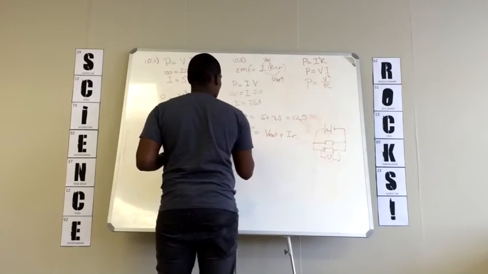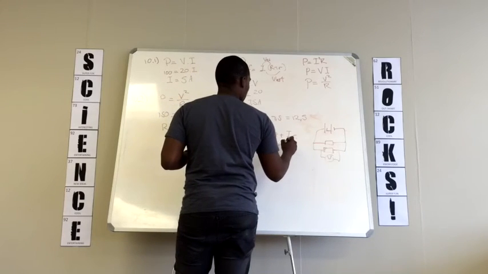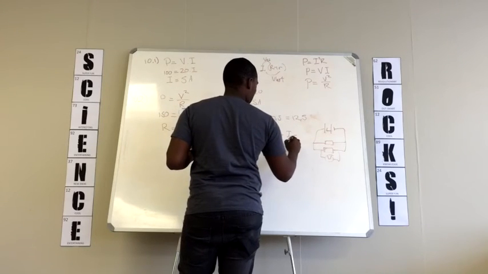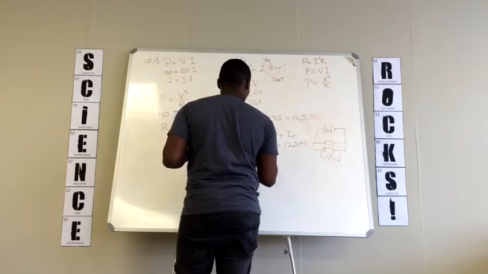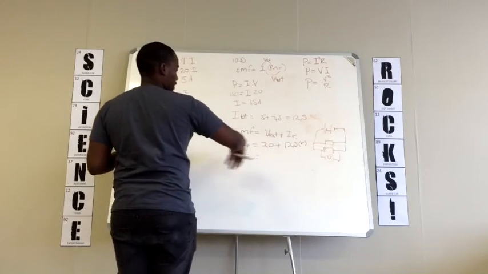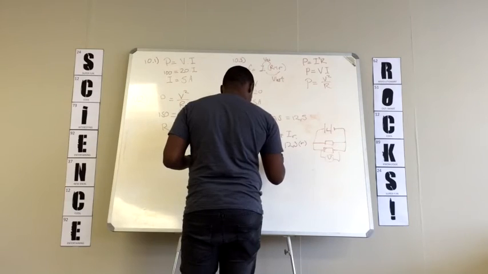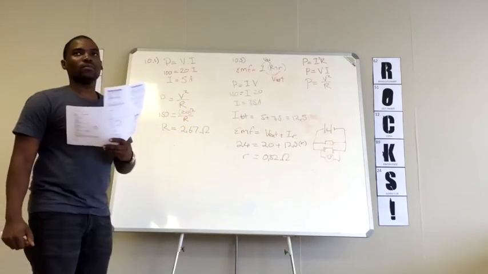So my EMF is 24, my V external is 20, plus my current is this whole thing here, which is 5 plus 7.5 is 12.5. And my little r is that little r there. Then 24 minus 20 divided by 12.5, we end up with an answer of 0.32 ohms. You guys with me?